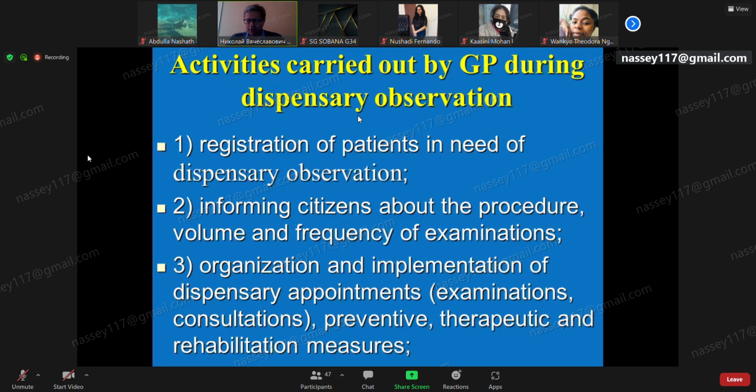Which activities are carried out by the GP during dispensary observation?